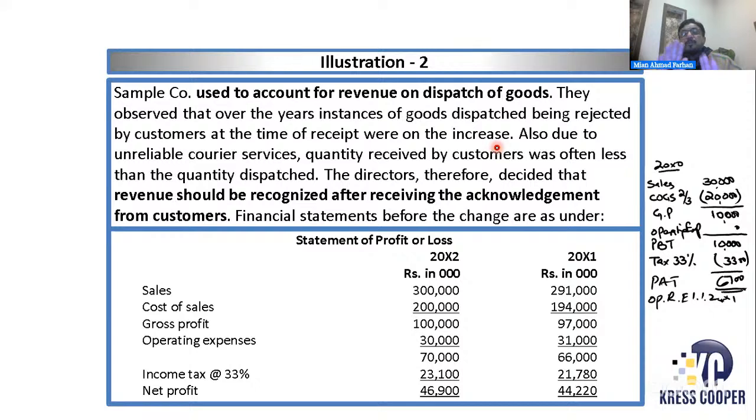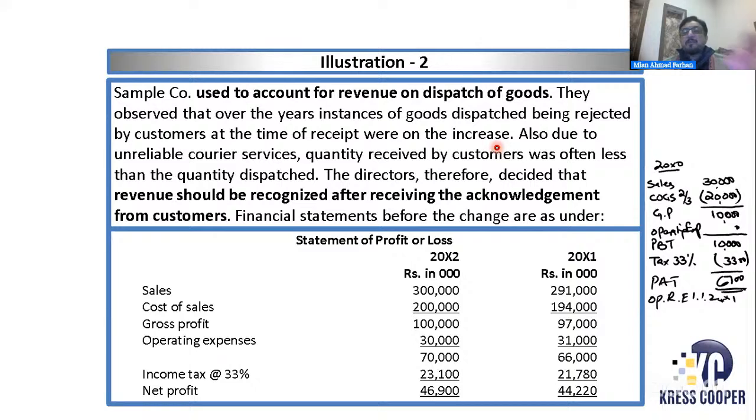And the customer was saying, okay, that's fine. But over the years, customers keep on complaining that the goods that you have dispatched are not in good quantity or good quality, or there is a scratch. Some sort of complaints were increasing.